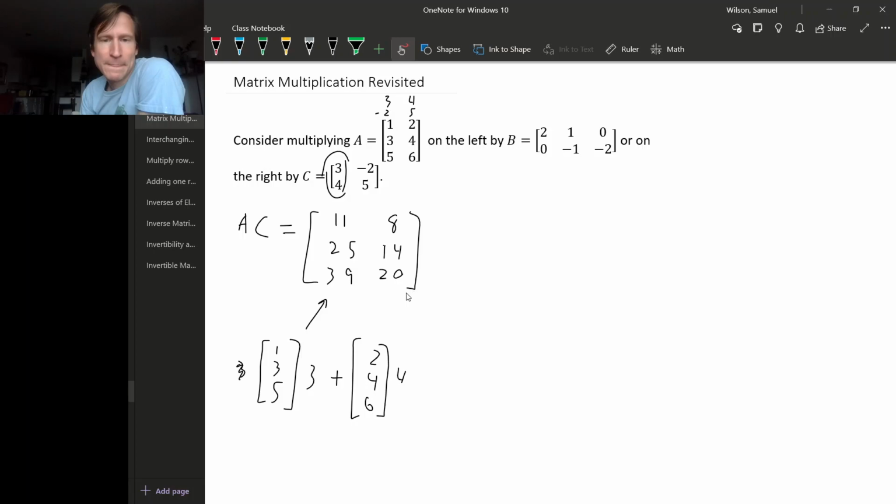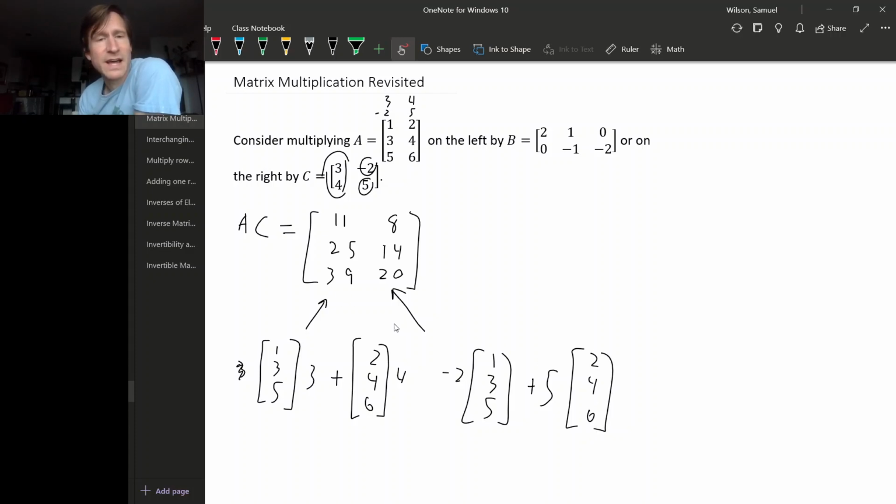Okay. And this second column of A times C is negative 2, this negative 2 coming from C, times the first column of A, 1, 3, 5, plus 5, and this 5 is coming from C again, times the second column of A, so 2, 4, 6.